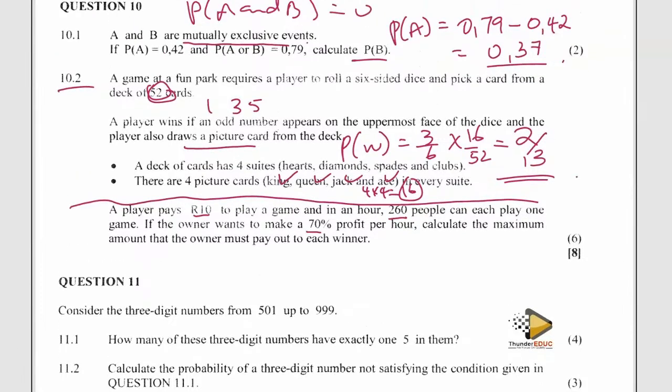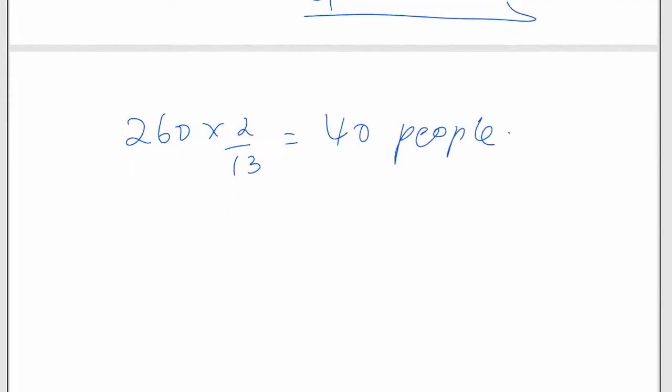If this is the probability of winning, how many people can win out of the 260? So 260 times 2/13, I'm getting 40 people. So in any 1 hour, only 40 people can win.